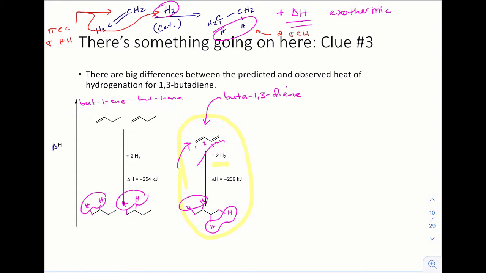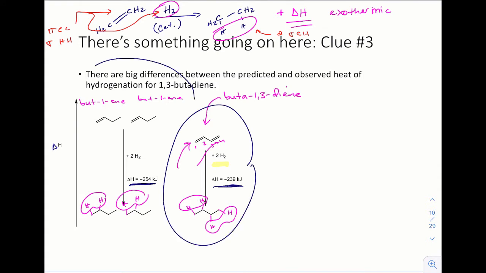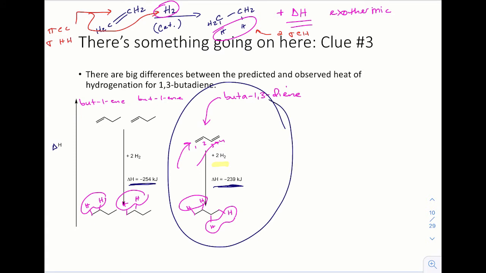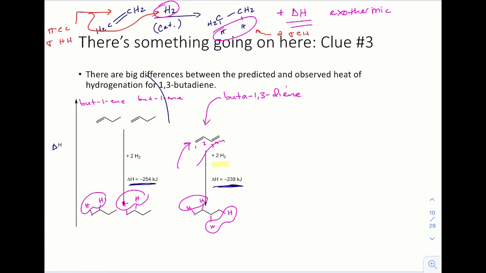Okay, what is the point? Well, these numbers are different, right? The heats of hydrogenation are different for buta-1,3-diene versus two molecules of but-1-ene. And we don't necessarily expect them to be different, right? Hydrogenation of two alkenes should just be hydrogenation of two alkenes, but clearly that's not the case.